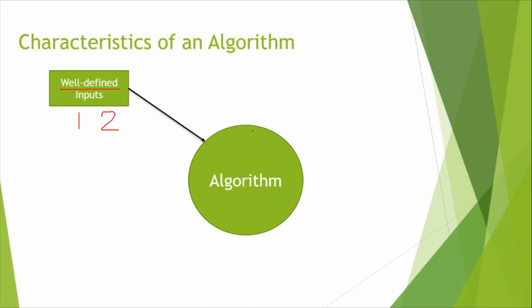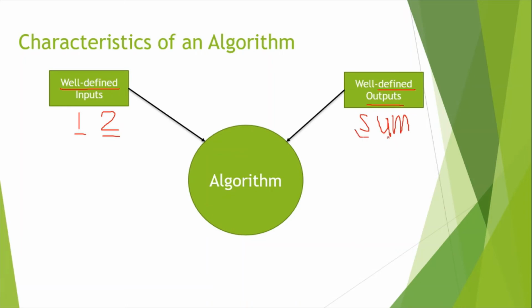Next, when it has well-defined inputs, it should also have well-defined outputs. In the inputs 1 and 2, what was required in the previous slide is to print or display the sum. Display sum would mean that you are defining what output you want for your algorithm.